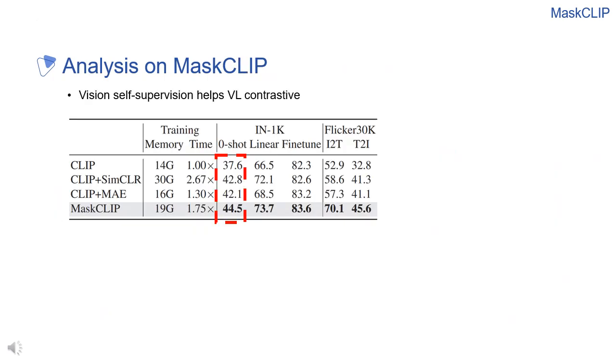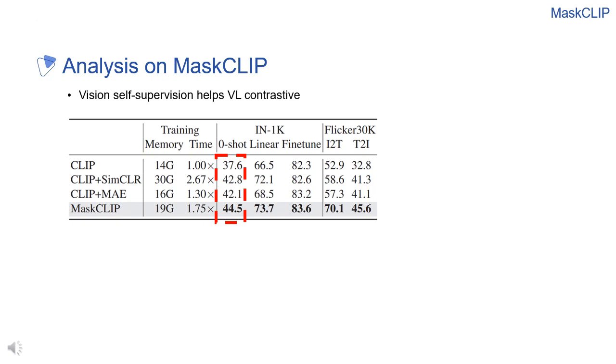Then we conduct several experiments to prove our analysis before. First, we compare the results of CLIP and different combinations. Here we consider three methods: the contrastive learning-based method SimCLR, the mask image modeling-based method MAE, and our MaskCLIP. We have several observations. First, the vision supervision is helpful for CLIP.